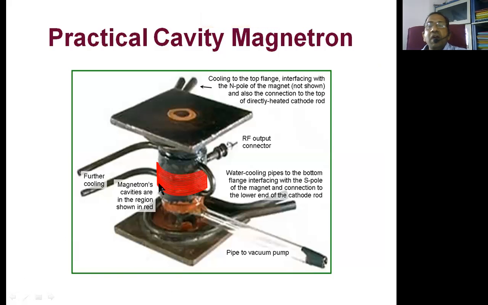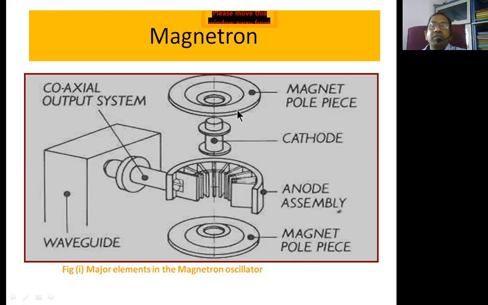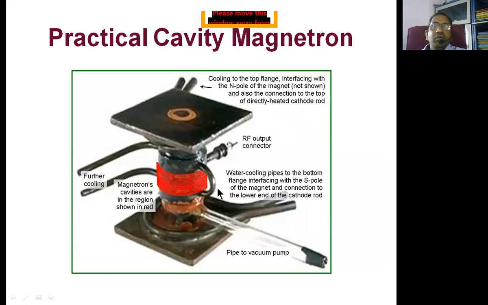Practically, a magnetron looks something like this. There is a setup here like this. The top ones are the cooling to the top flange, interfacing the N pole of the magnet, and also the connection to the top directly heated cathode rod. Inside this, we have the magnetic windings, north pole and south pole.